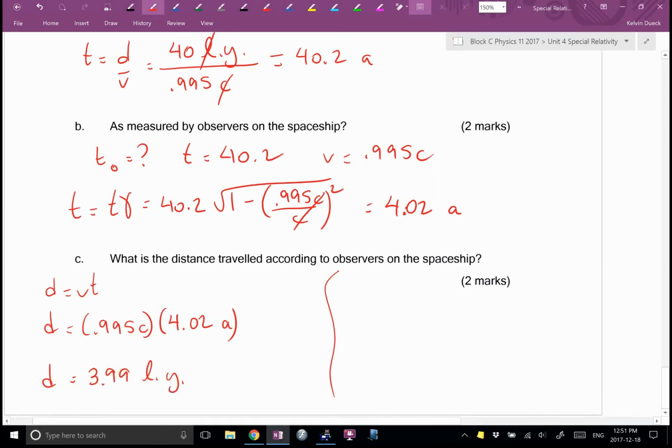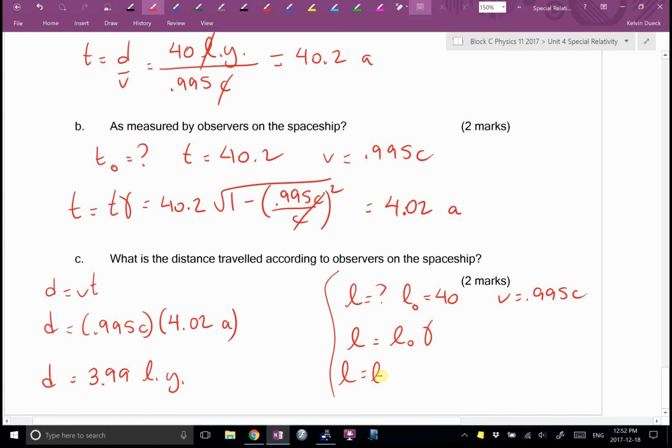The other way you could do that, Christian, is from the frame of reference of the spaceship itself, if we assume the spaceship is at rest and all of space-time is being distorted. So we could find L when the original length is 40 and the speed is 0.995 c. I can go L equals L0 times the gamma function.